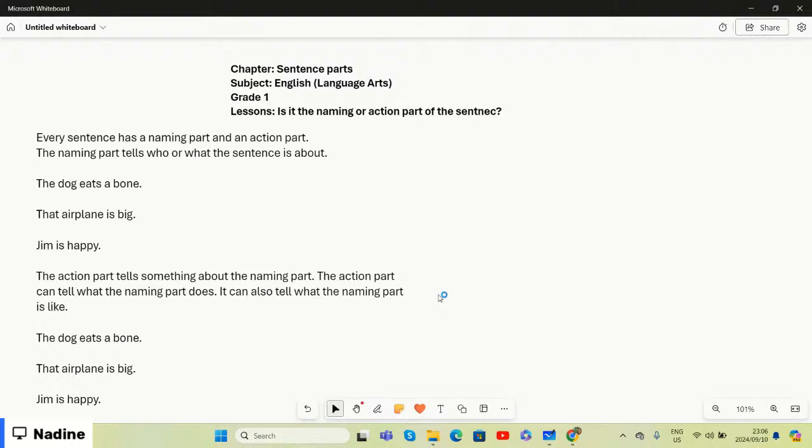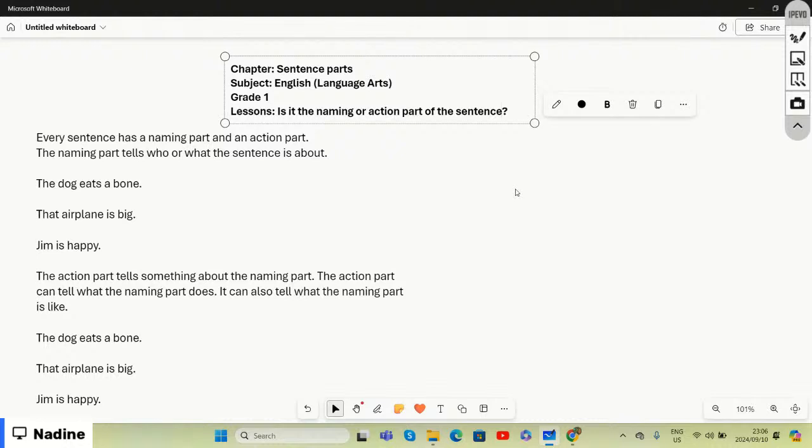And in the lessons that we are going to be focusing on under the chapter of sentence parts is it the naming or action part of the sentence?